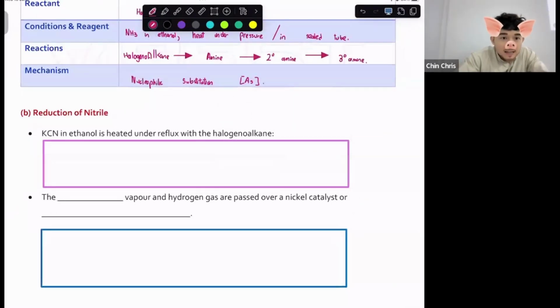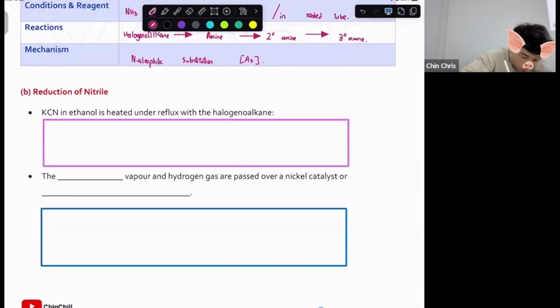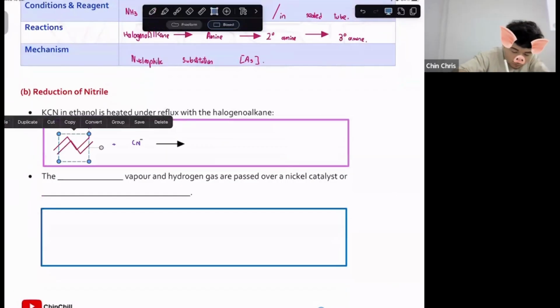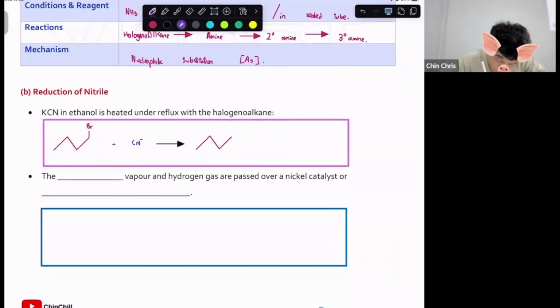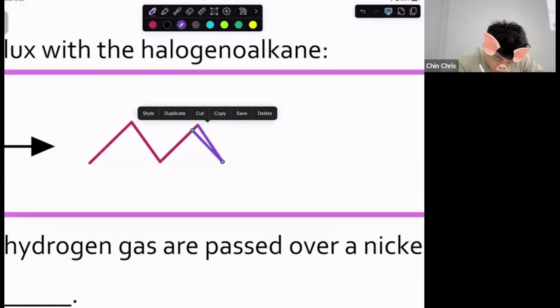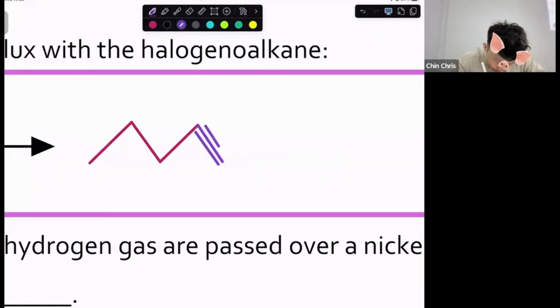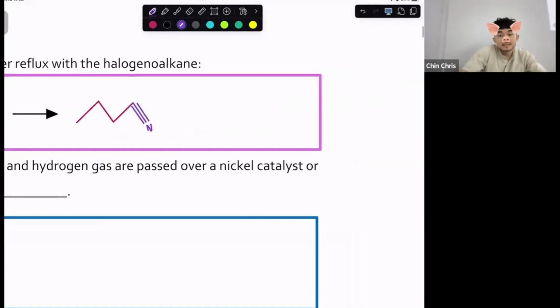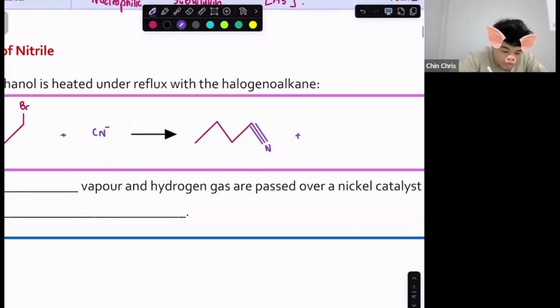Alright, guys, next. KCN in ethanol. So if I have a halogenoalkane again, this time I'm going to add CN minus. Then you get a C triple bond N and a Br minus.